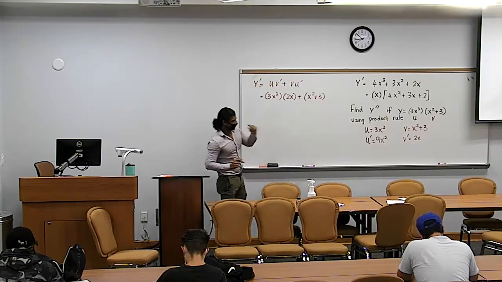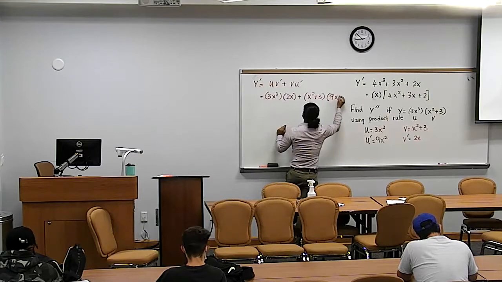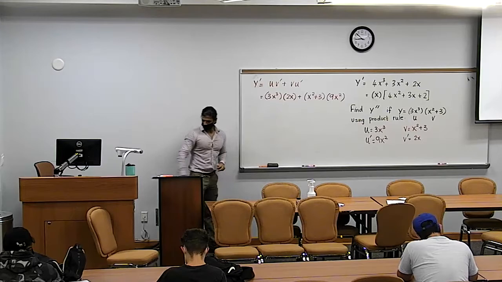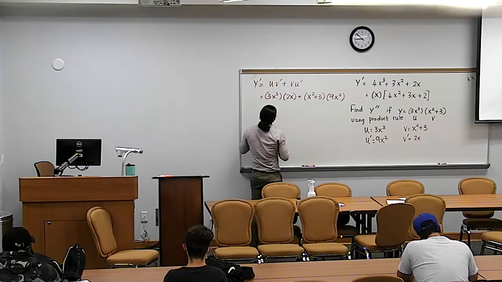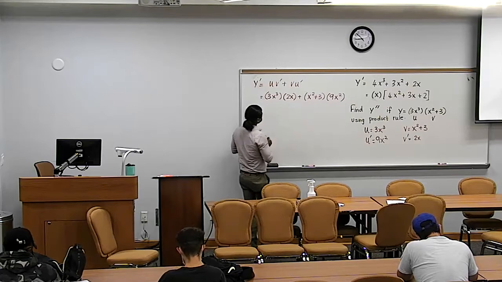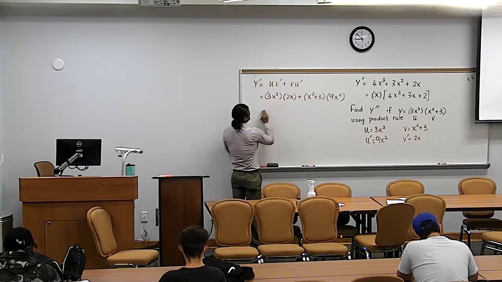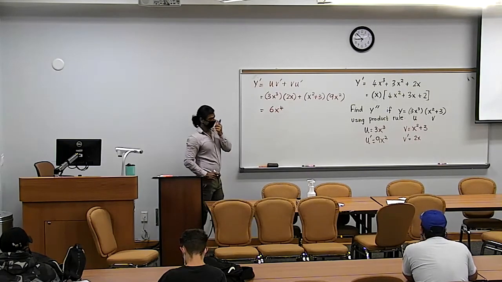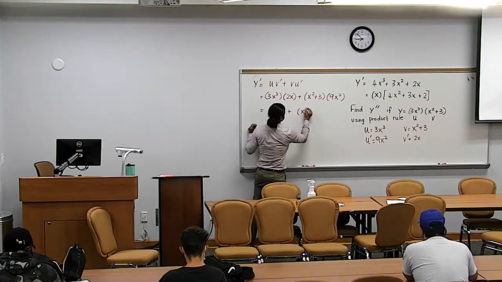U prime is 9x squared. I could multiply these two and write it as 6x raised 4, correct? I'll keep that as is.